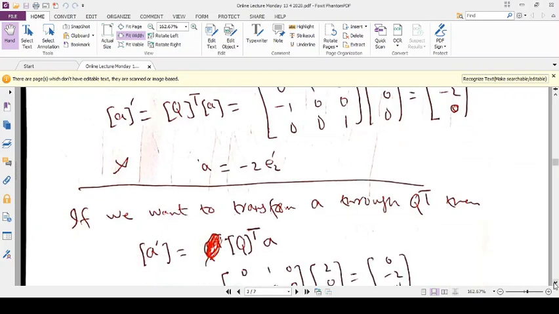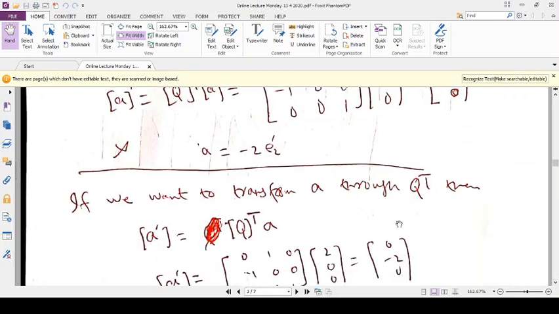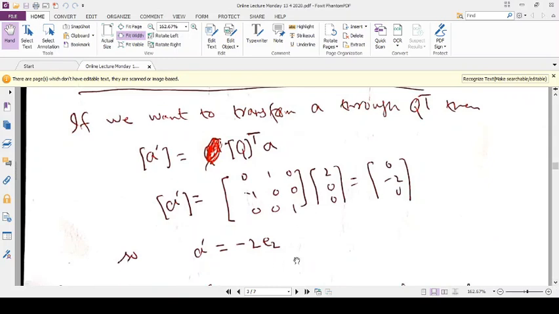But if you simply transform your vector A with this transformation matrix, then you have vector A dash equals minus 2E2. A vector is 2E1, and after transformation you have A dash, which is minus 2E2.